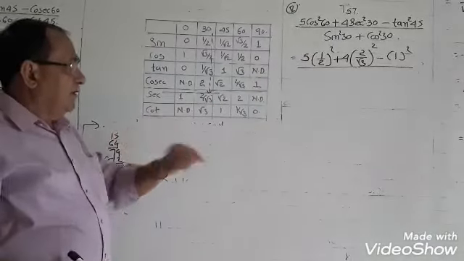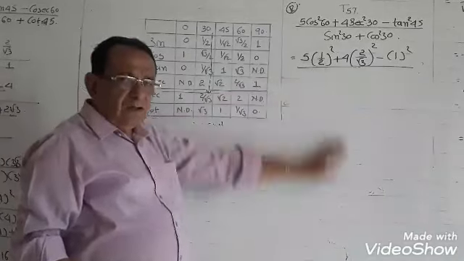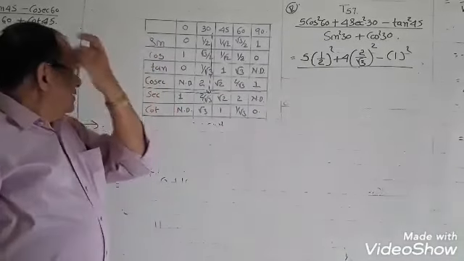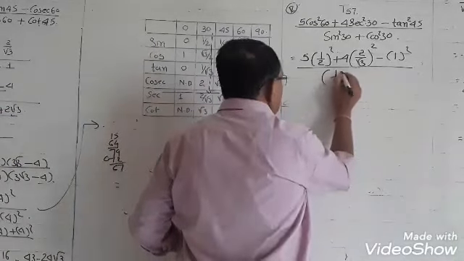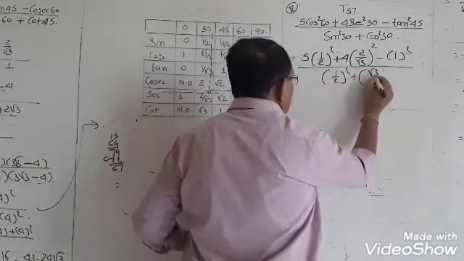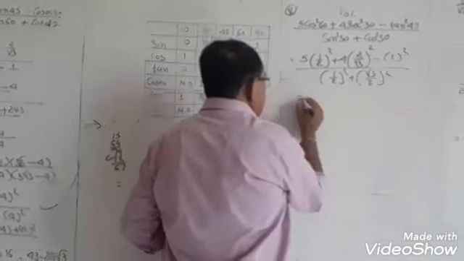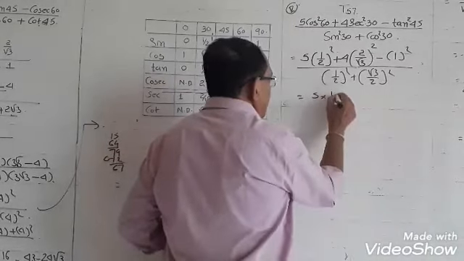Then simplify. If your substitution is wrong, then the whole sum will be wrong. Sin square 30 is 1 upon 2 square plus root 3 upon 2 square.